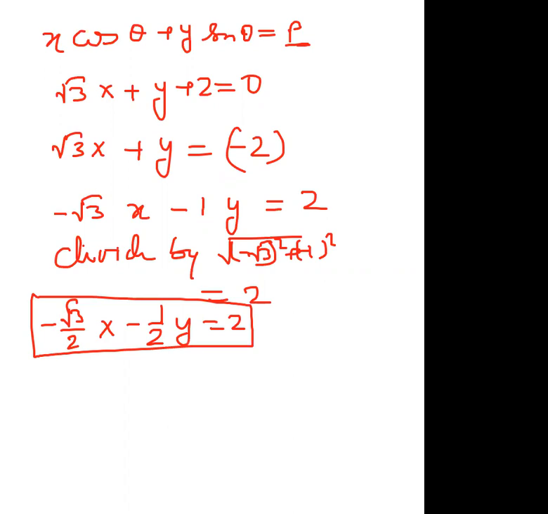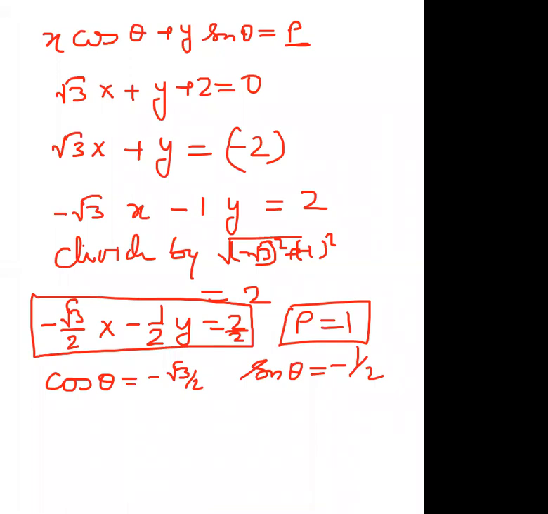So with this, we have got cos theta equals minus root 3 by 2 and sin theta equals minus 1 by 2. Sorry, one mistake I have done. The right side was also divided by 2, so p, the perpendicular distance, is 1.